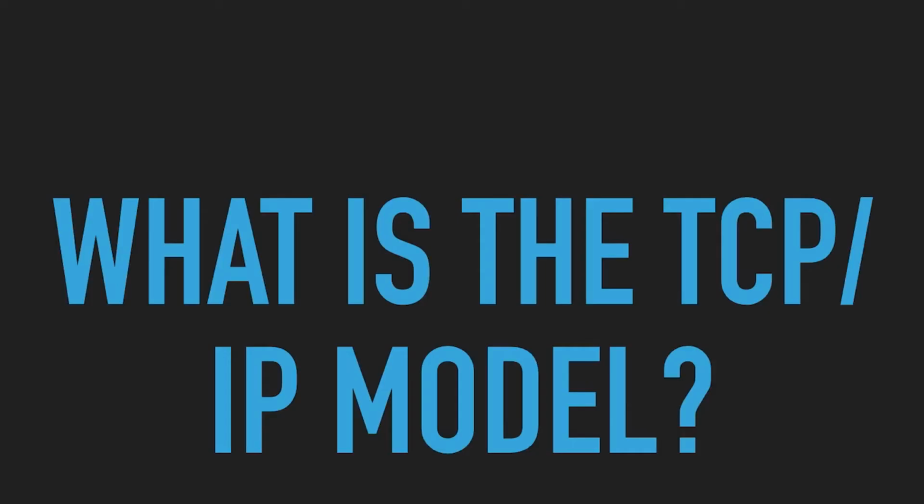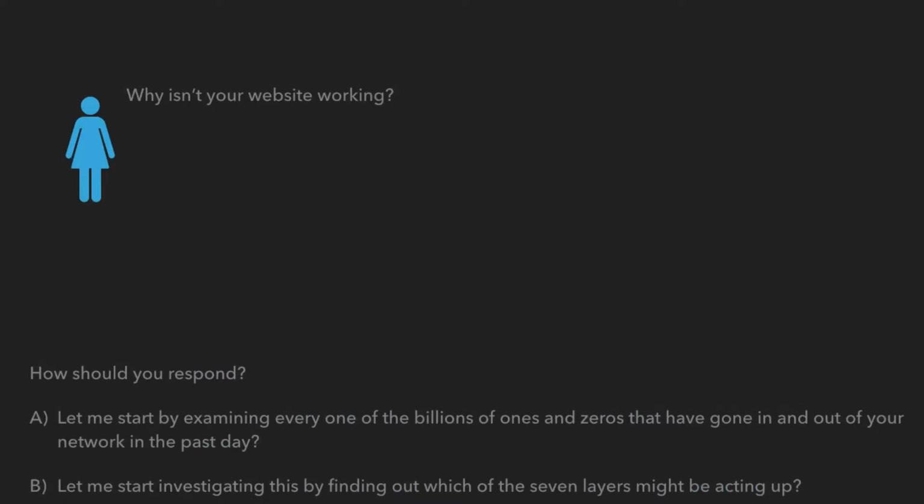So what is the TCP IP model? Just like the OSI model, it's a model or a framework for thinking about traffic. So let's go back to that example we used when we talked about the OSI model. What if a customer says, "Why isn't your website working?" Again, you could start by looking at all of the ones and zeros that have gone in and out of your customer's network in the past day or your own network.